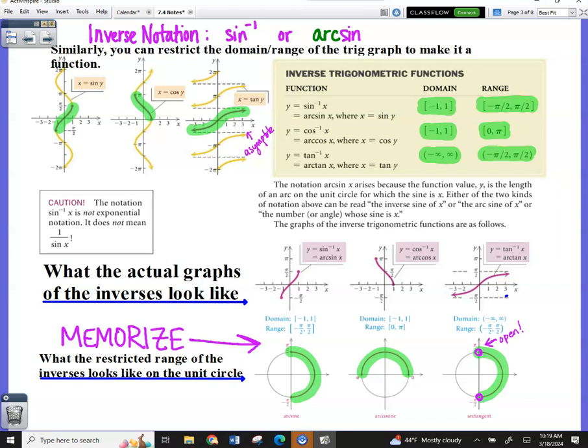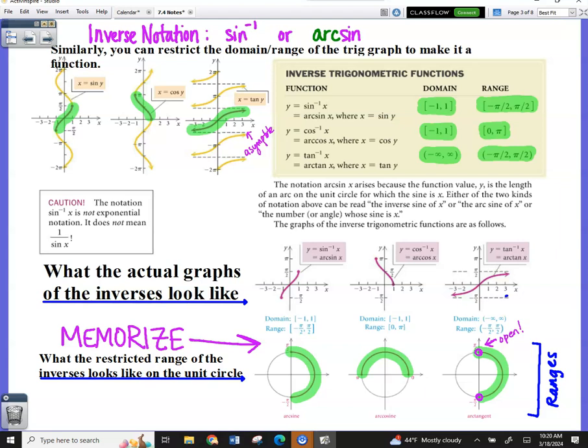Then underneath it, I have shown you the domain and range. It's actually the range, because that's where you're producing your answer. So these three graphs right here are showing the ranges of the three trig functions, meaning what our possible answers can come from.